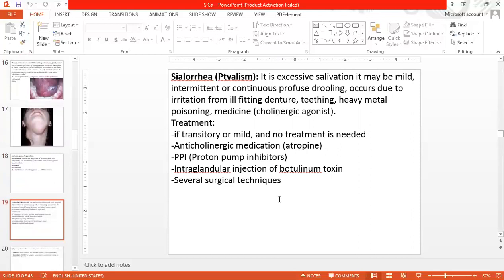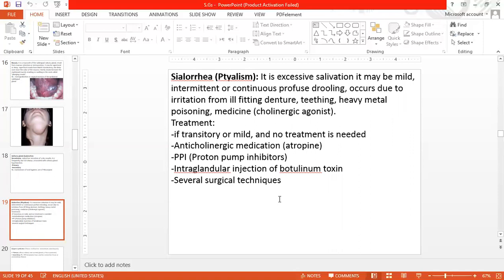The opposite of xerostomia is ptyalism, or what we call sialorrhea, which is excessive salivation that may be mild, intermittent, or continuous, drooling of saliva. We have many causes, maybe ill-fitting dentures, teething, for example, mostly in childhood, heavy metal poisoning, or medicines like cholinergic agonists.